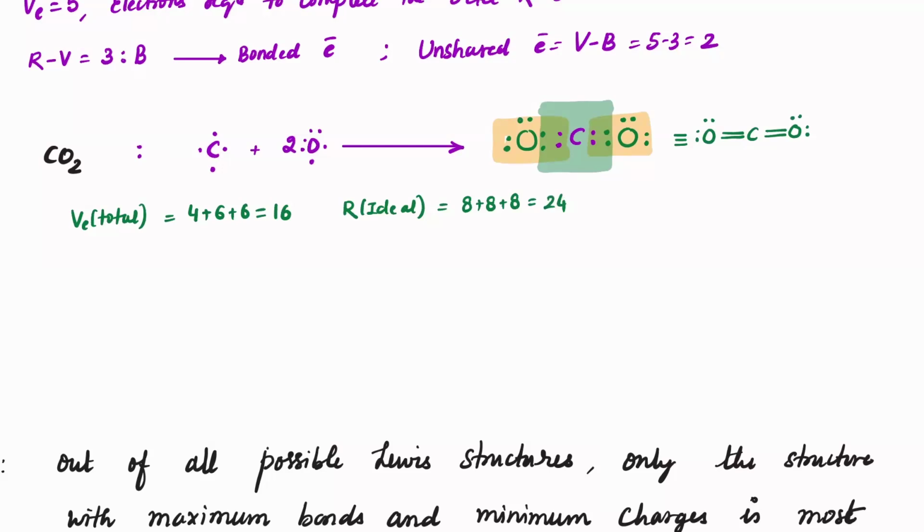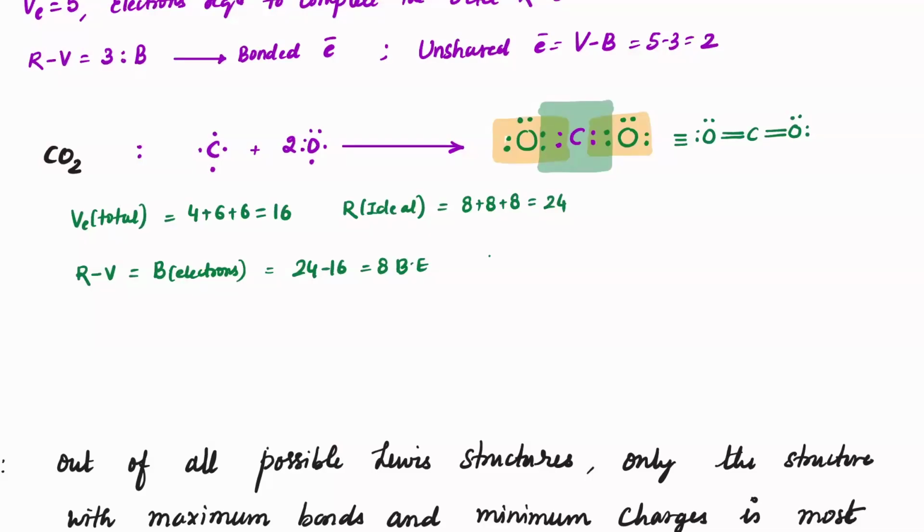Okay. This is the ideal number of electrons required to complete the octet. So the difference of this R minus V will give us B electrons, that is bonded electrons. Which is 24 minus 16, making it 8 bonded electrons.